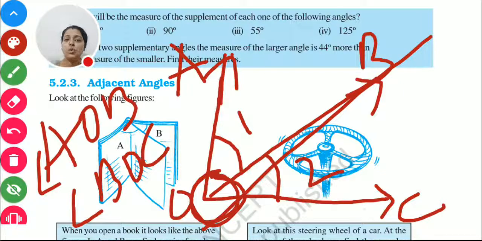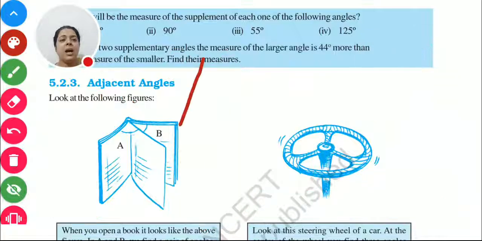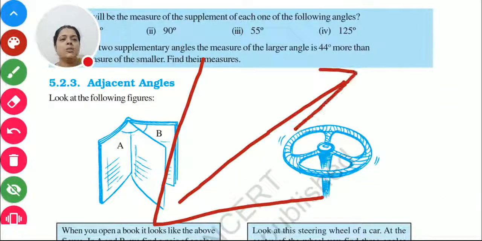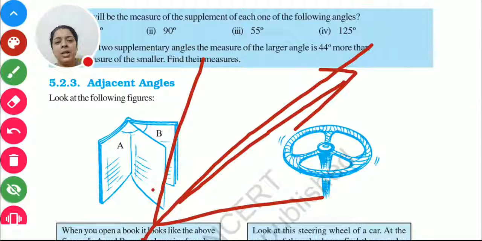When we have two things common, one arm, that is OB, and the vertex O, it is called an adjacent angle. So what is an adjacent angle?